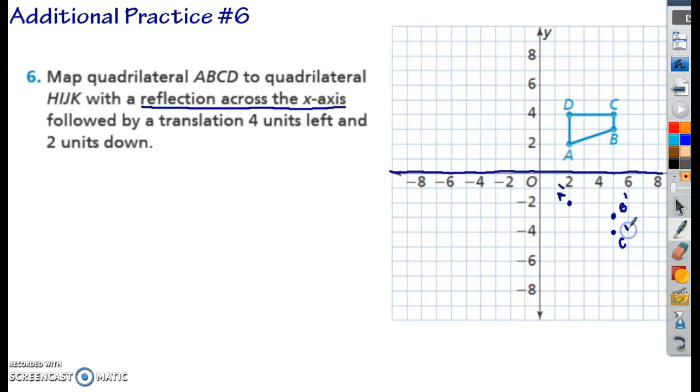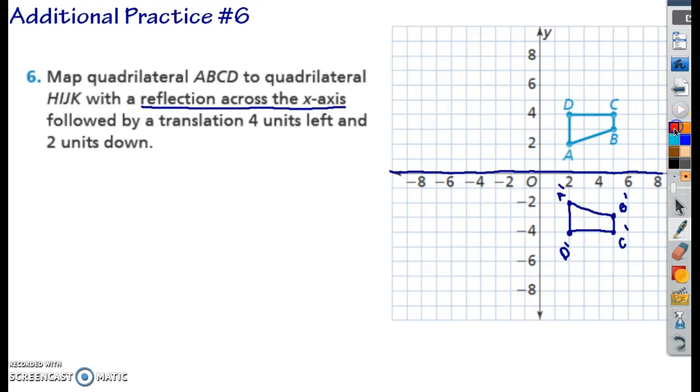C prime. And D, 1, 2, 3, 4 to the line of reflection. 1, 2, 3, 4 beyond. D prime. Connect my dots. And there is my first step, my reflection across the x-axis.